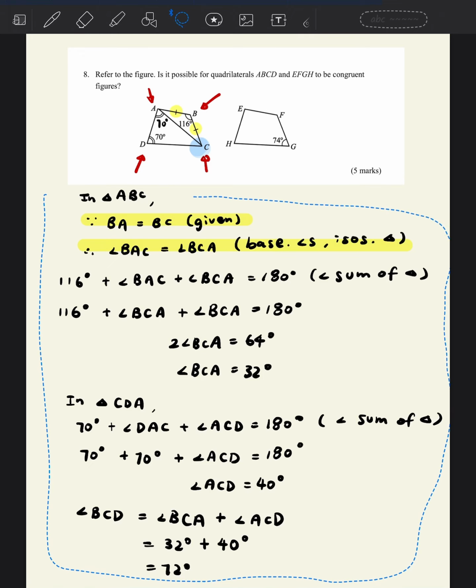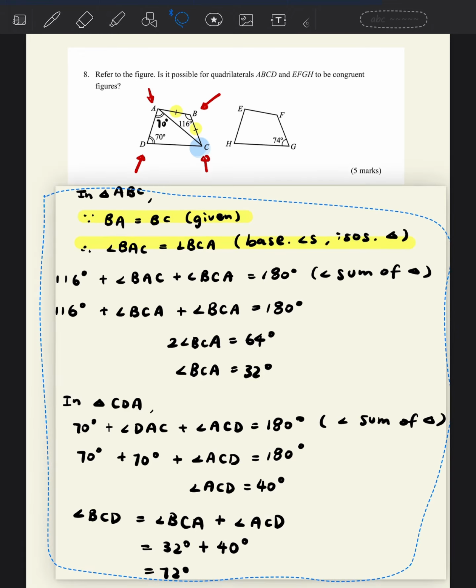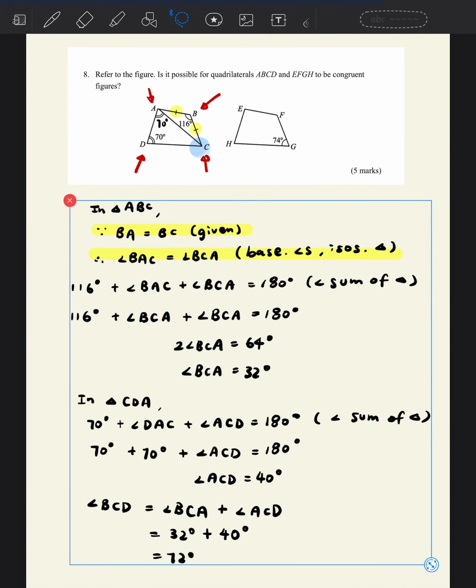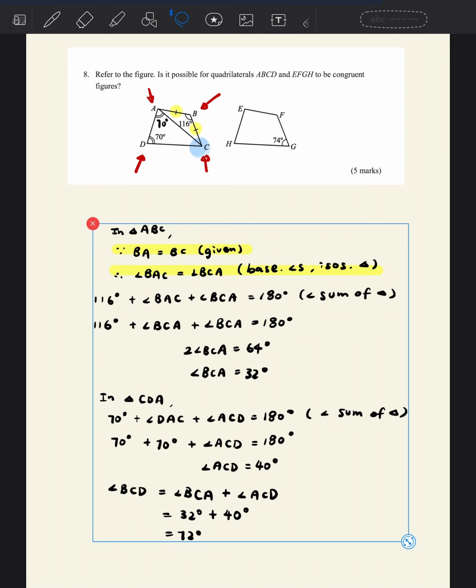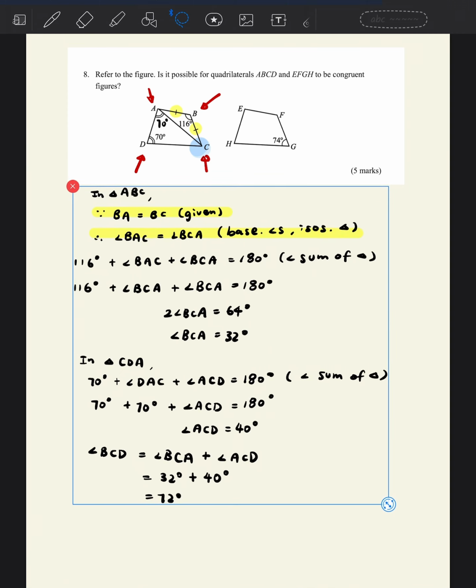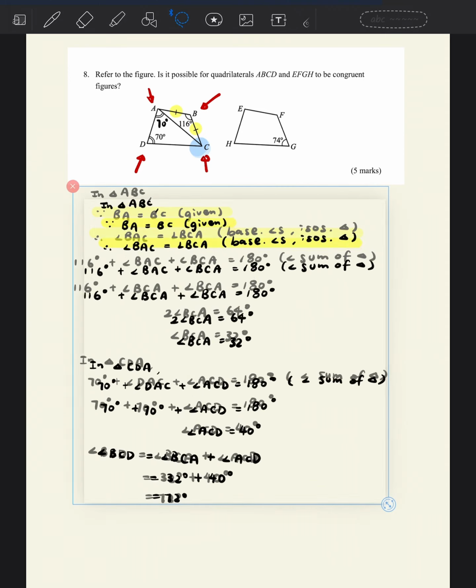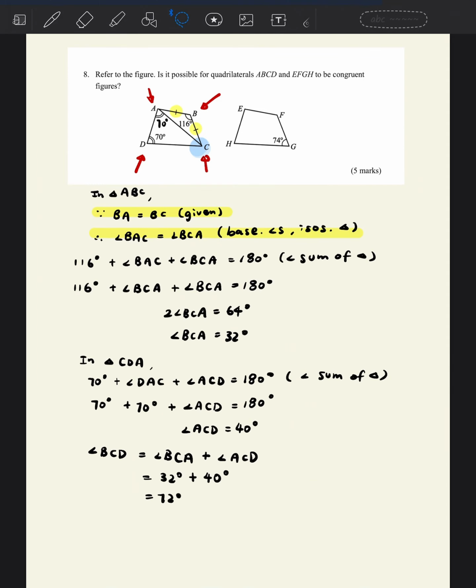A lot of you stopped here. Why is that? Because you think that angle DAC is 70 already, and angle BAC is 32 already, because you proved that it is an isosceles triangle.